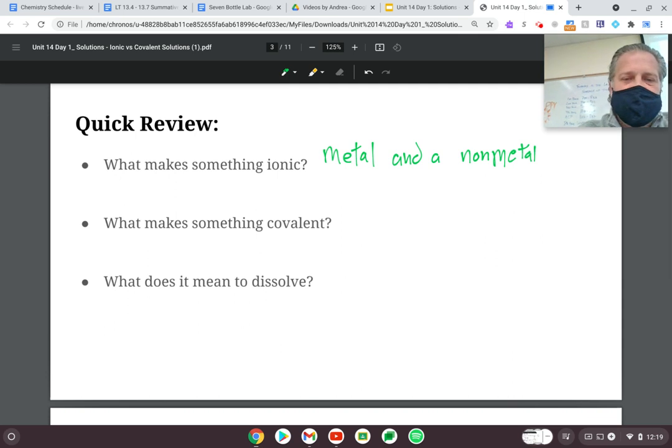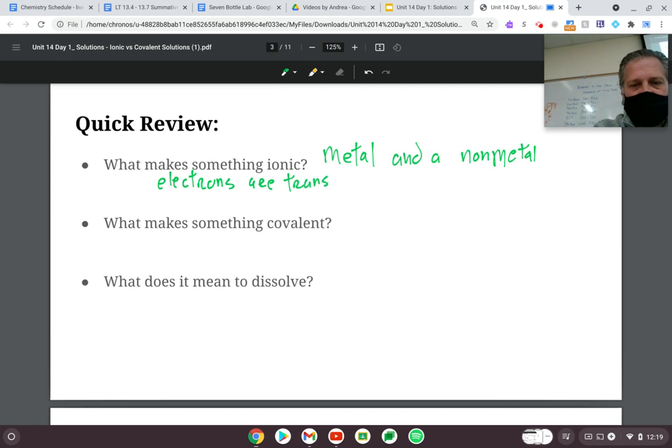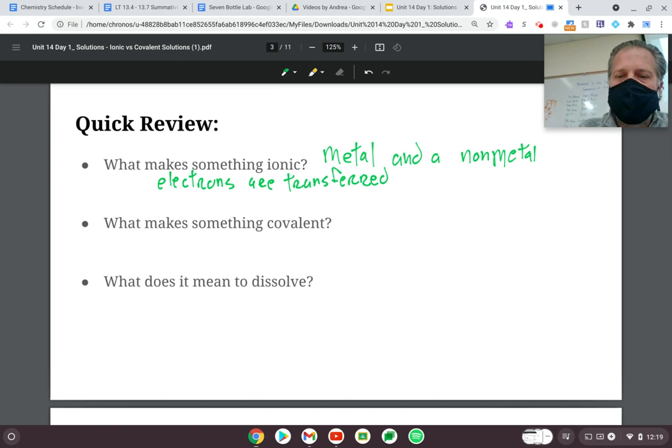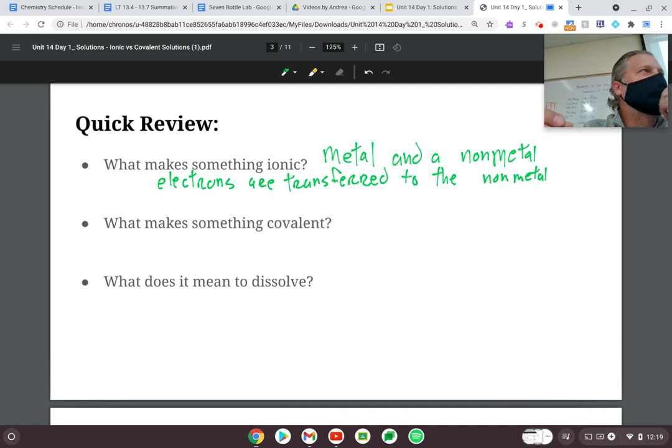We're talking about electrons being transferred from the metal to the nonmetal. And as a result of the electrons being transferred, ions are formed, positive and negative.